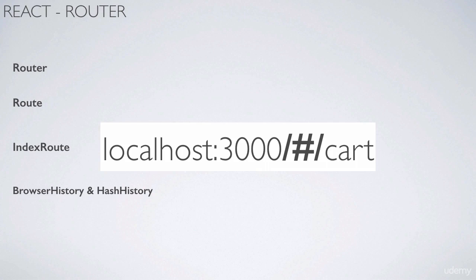But it's not good for production because your URLs will look ugly and your routes will not be SEO compliant. I will show you how hash history works, but we will use browser history in our app because I want you to learn how to develop a production-ready application.